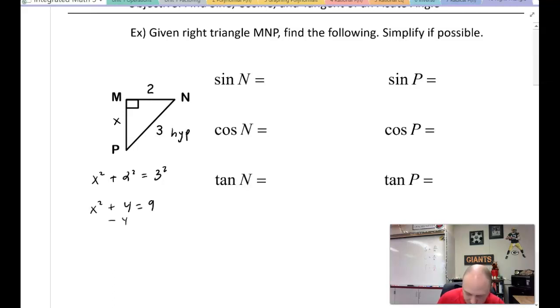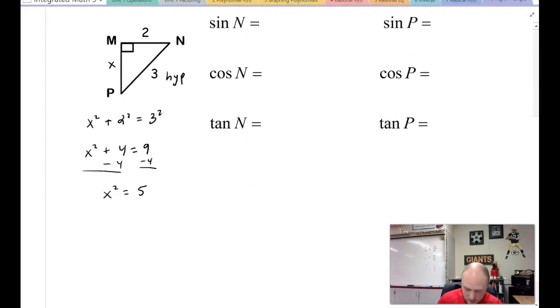I can subtract 4 on each side, and we get x squared is equal to 5. Oh, okay, well, when I take the square root of each side, I get x is equal to the square root of 5. Okay, I'm ignoring the negative number because that doesn't make sense contextually. So this is square root of 5.